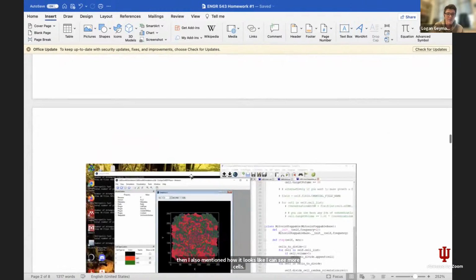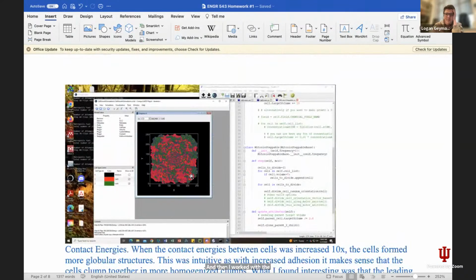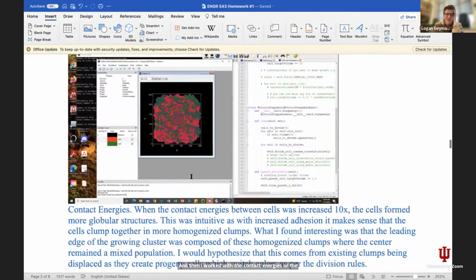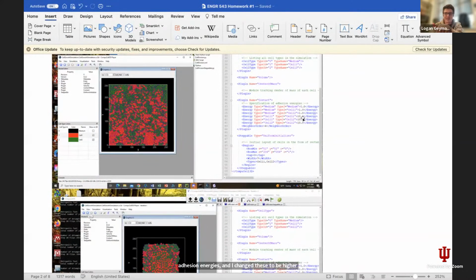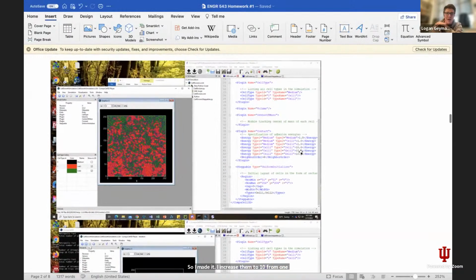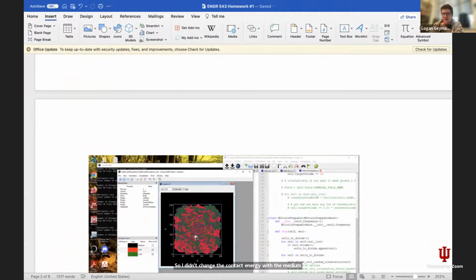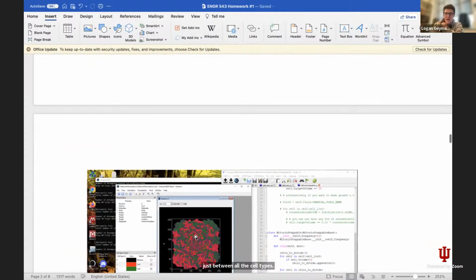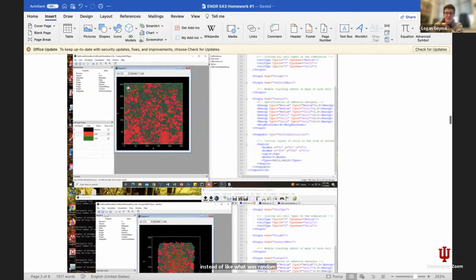And then I worked with the contact energies or the adhesion energies. And I changed these to be higher. I increased them to 10 from 1. So I didn't change the contact energy with the medium, just between all the cell types. And I noticed that what happened this time was that instead of random heterogeneity, there were clumps of the same color cell advancing out from the center mass, and those clumps were maintained for the duration of the simulation.